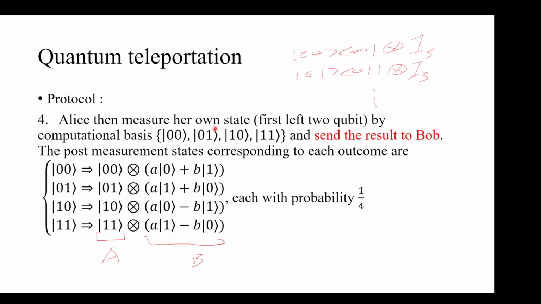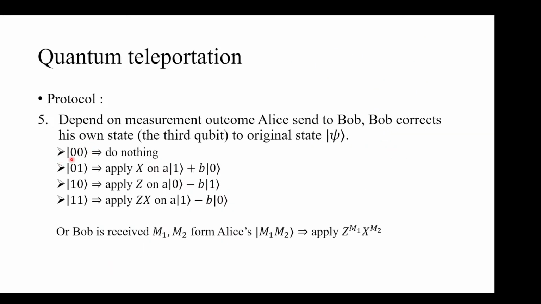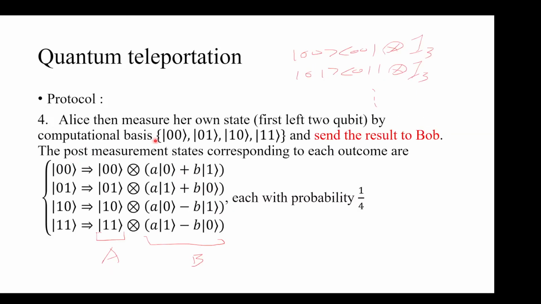Okay, and that's exactly why Alice needs to send the result to Bob. Alice needs to say, hey, I actually measured 0, 0, or 0, 1, or 1, 0, or 1, 1. And Bob will know, okay, if Alice measures 0, 0, then I need to do nothing. Bob knows they are already done; Bob already holds the original state that Alice wants to send.